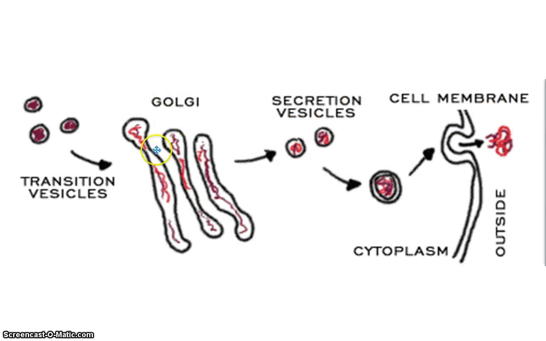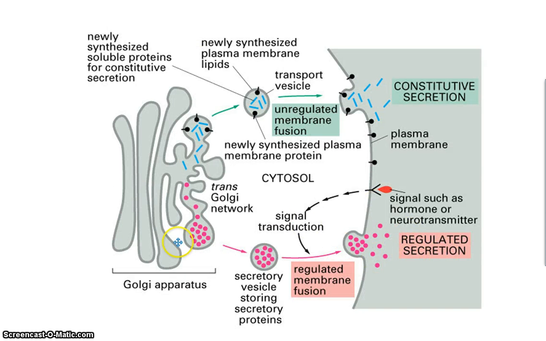And so if we look here, here is the transition from vesicles from the ER to the Golgi apparatus, where they're modified, repackaged into secretion vesicles. Those will travel through the cytoplasm to the cell membrane, where the contents can be released to the outside into the bloodstream.